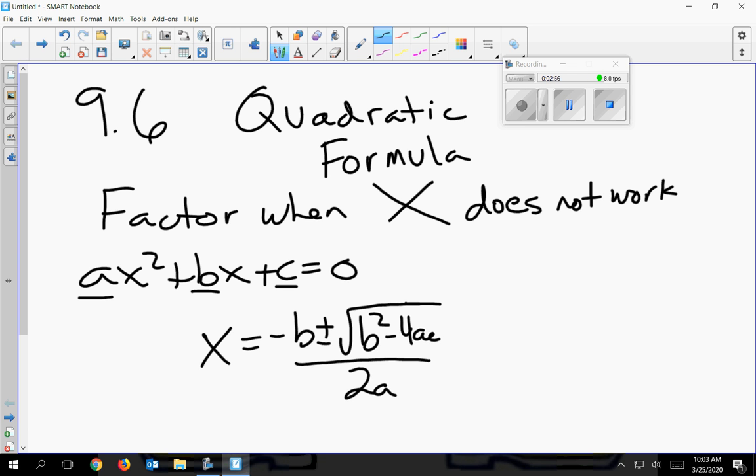The one thing I want you to remember before we move on is some math rules. That's a negative sign right there. And if I put in a negative B for B, it's going to change that sign to positive, okay? And kind of the same thing here. If I plug in something for A or C that's negative, well, eventually I'm going to have to be using that negative sign with it.